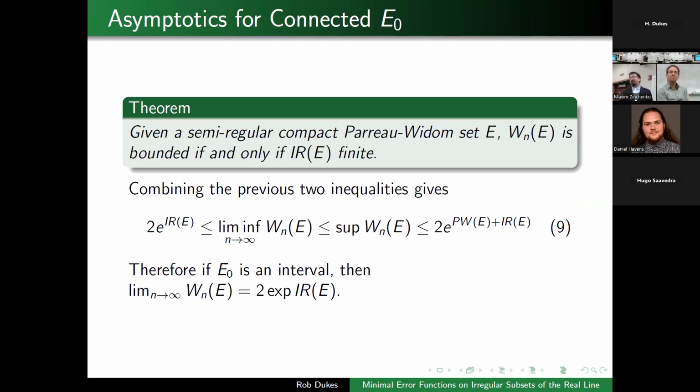Again, we need large n, so that's why the limit is there. Which is at most the supremum of WnE, which is at most 2 exponential of PWE times IR of E. If PW is 0, which means E is an interval, then the left-hand and right-hand sides are both 2 exponential IRE, so that's a full limit.